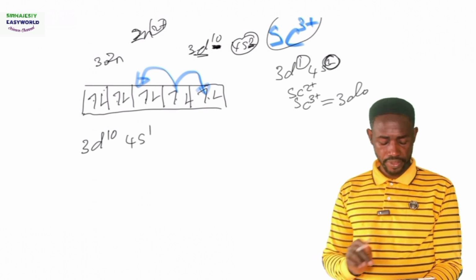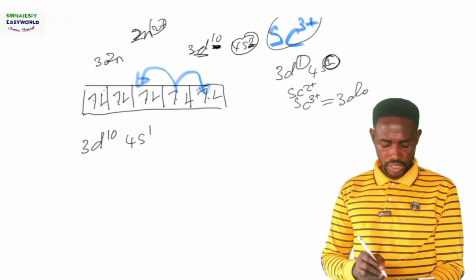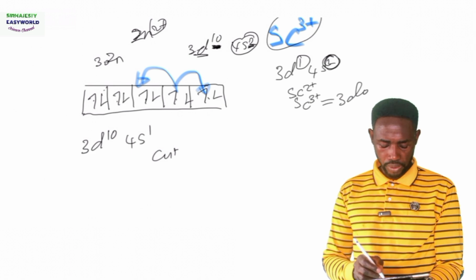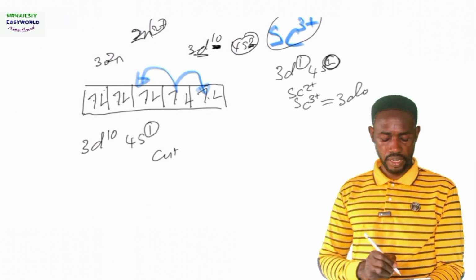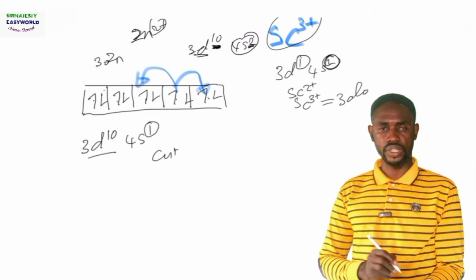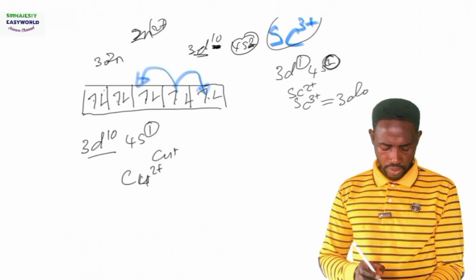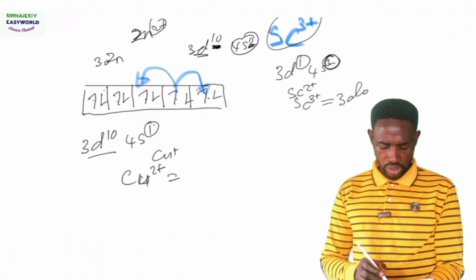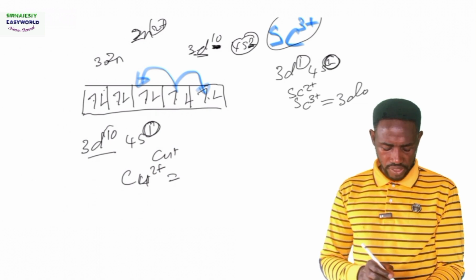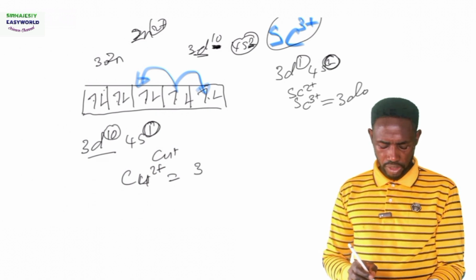So looking at this, if you check, when we say copper 1, it loses this one electron in s, and it is still 3D, so it is non-transitional. But when we say copper 2 ion, it means it will lose this one and lose another one out of this 10 to remain 9, leaving us with what?